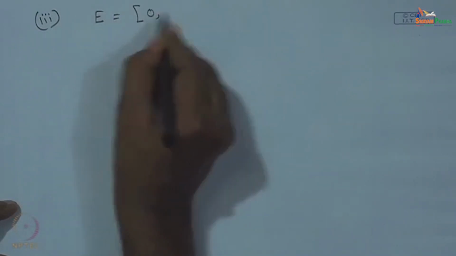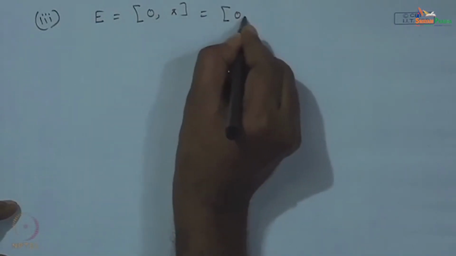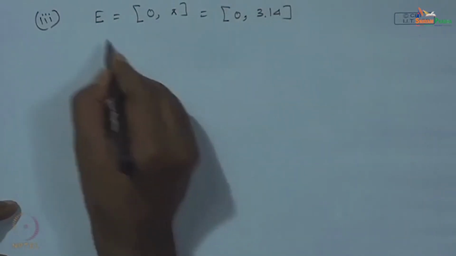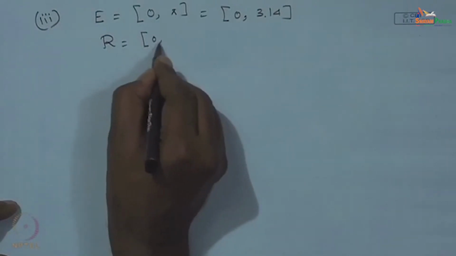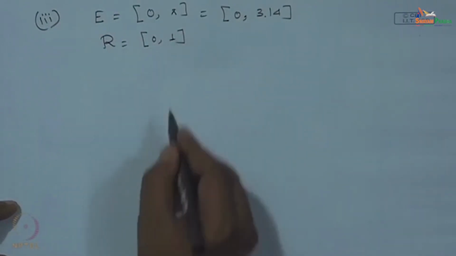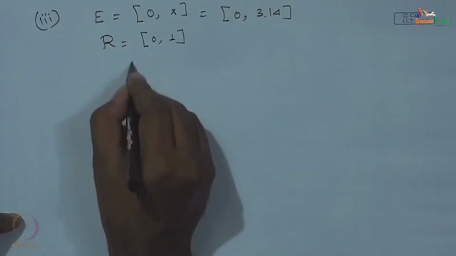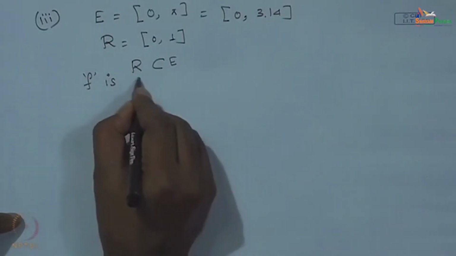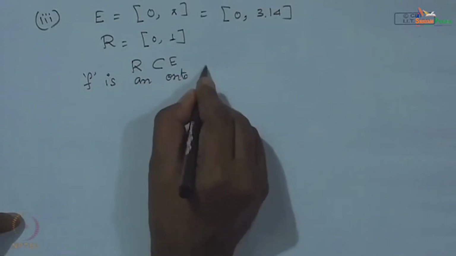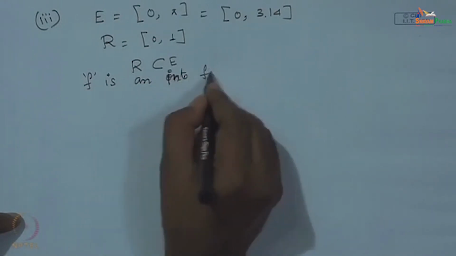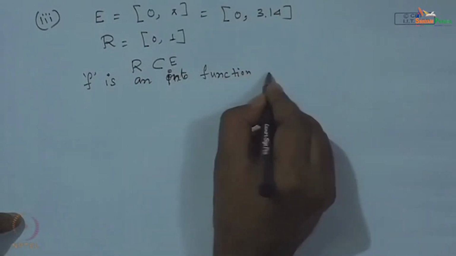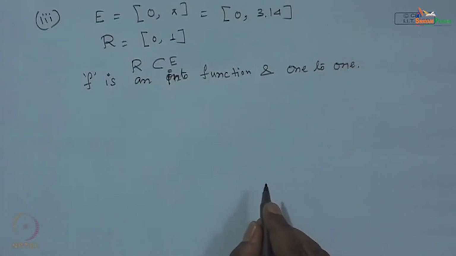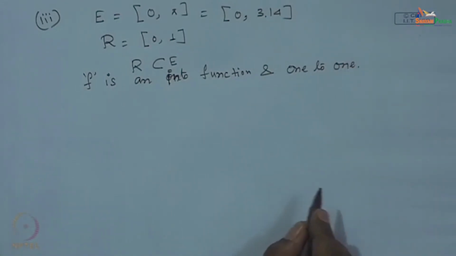The set E is from 0 to pi, means 0 to 3.14, and in this case the range is from 0 to 1, and of course 0 to 1 is a subset of E. So, therefore, R is a subset of E, and hence f is an into function, and of course it is 1 to 1. This is an into function for this particular case, and it is as well as a 1 to 1 function.